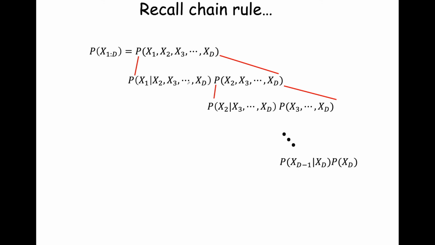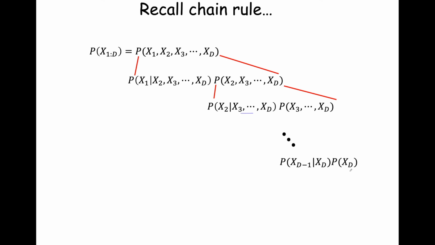And so this particular factorization, we had each one of these variables going from left to right as your query, and then the remaining were the condition, and then we had a joint distribution here involving the remaining variables. And then we further applied the product rule and factored off again.